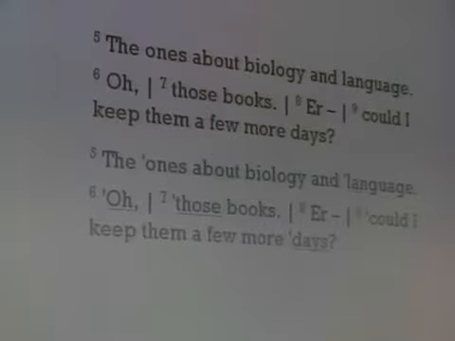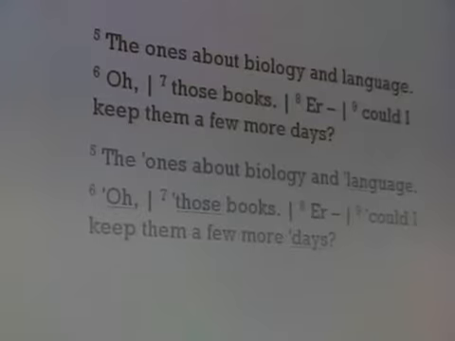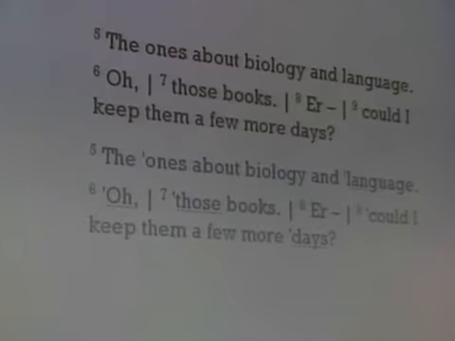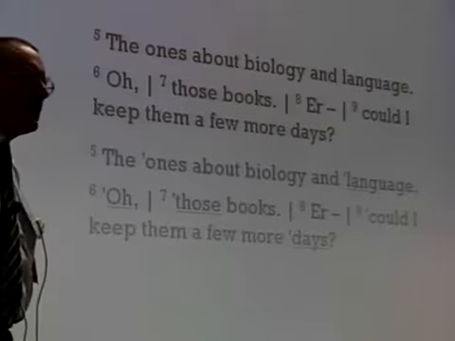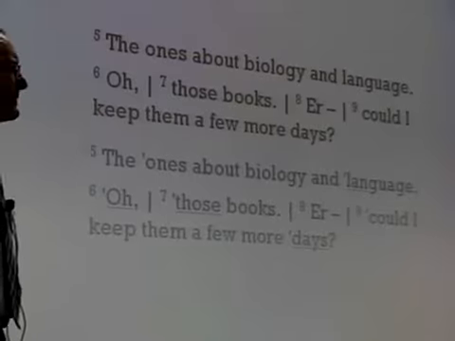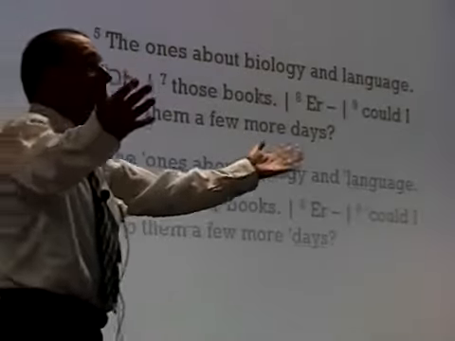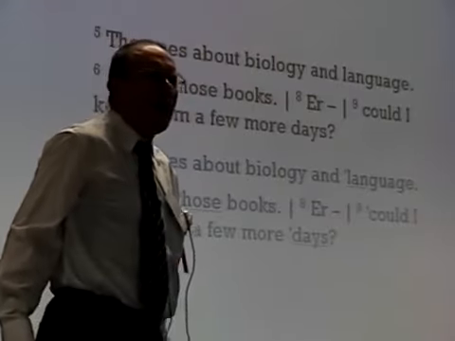So now let's choose our nuclear tones. Is it going to be the ones about biology and language? That's a fall. Or will it be the ones about biology and language? That's a rise. Or will it be the ones about biology and language? That's a fall rise. Which is most appropriate? The ones about biology and, yes, language. Why do we use a fall?